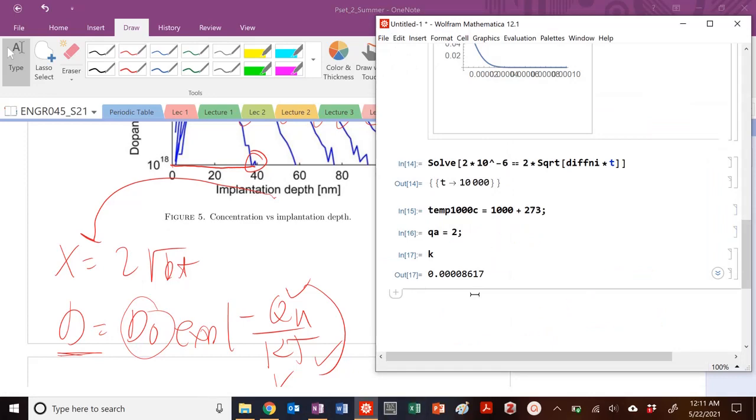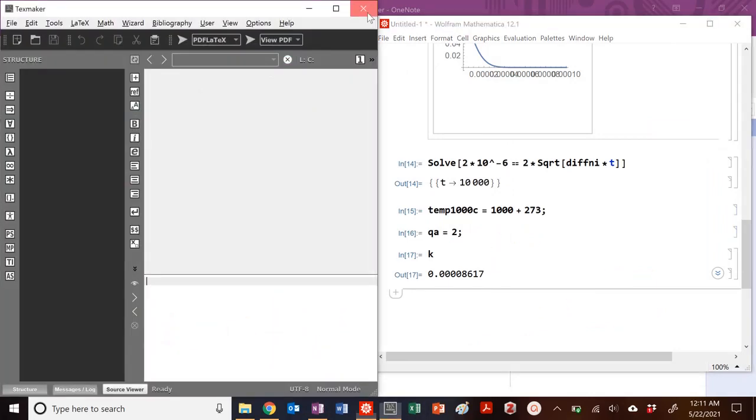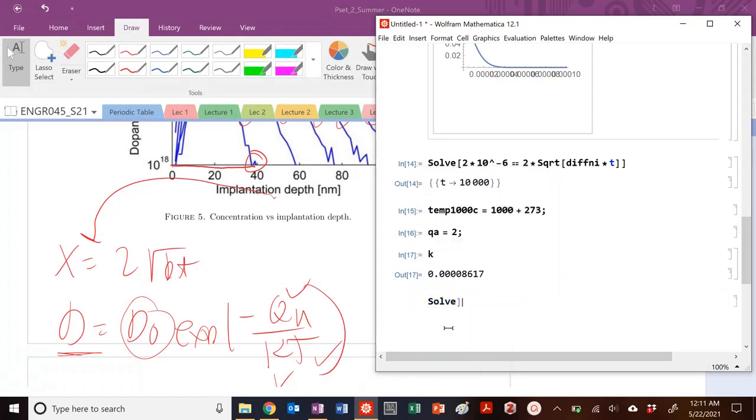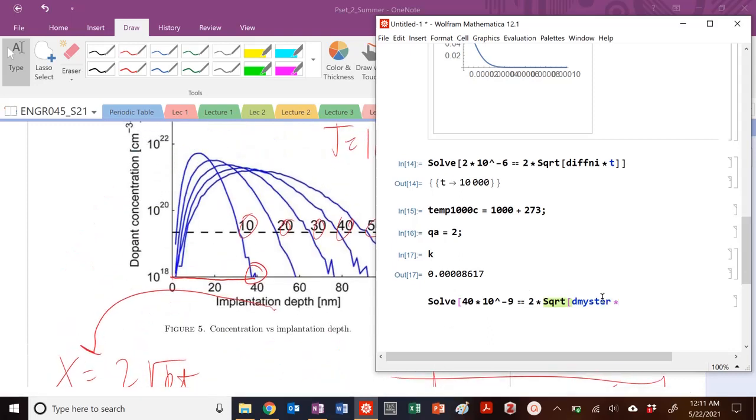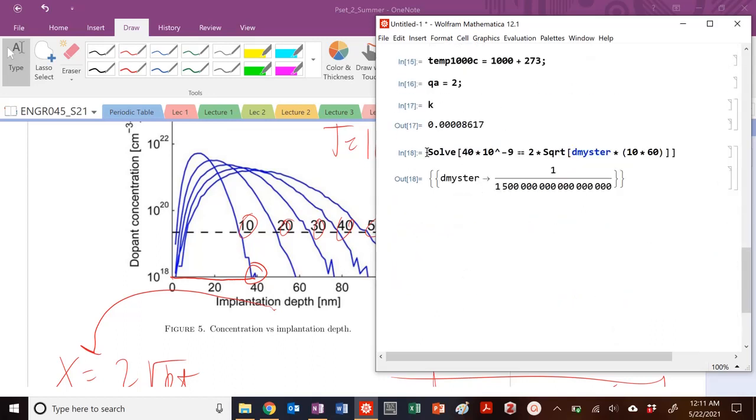So let's go ahead and solve. So 40 nanometers, 40 times 10 to the minus 9, is equal to 2 times the square root of D mystery times, what's my time here? It's 10 minutes, so times 10 minutes times 60 seconds per minute. Let's solve that numerically.